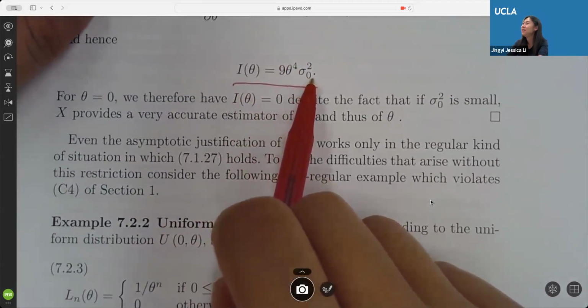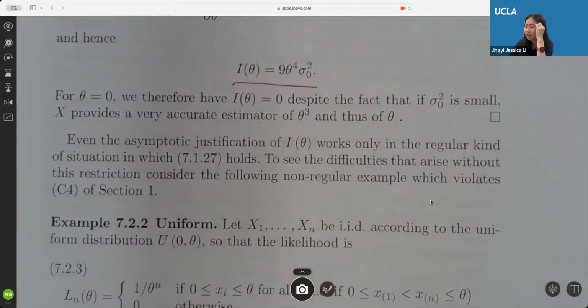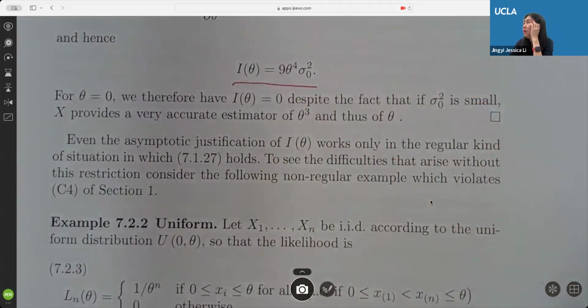So when it's 0, then Fisher information is 0. However, it doesn't mean that our sample is not useful, because we can still use our sample to estimate the mean, and then taking the cubic root of that estimate, we get an estimate for θ. So in this sense, the Fisher information is not so useful.